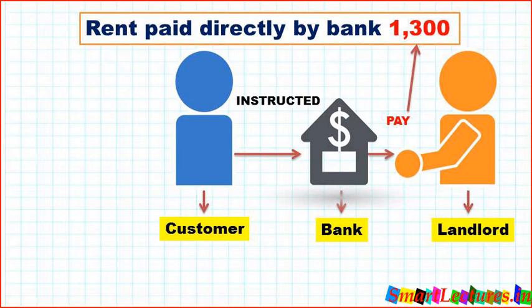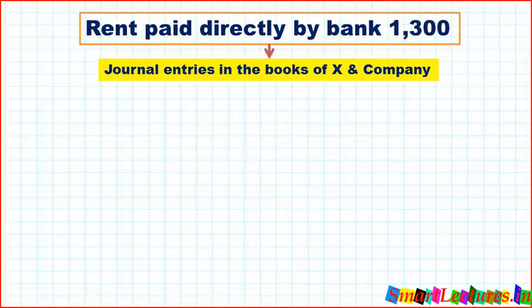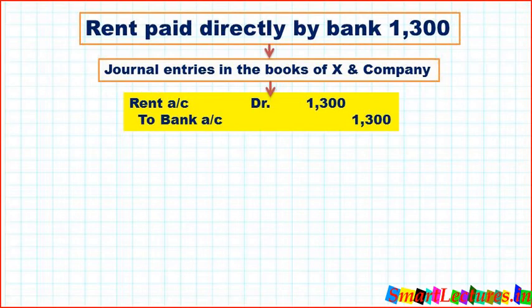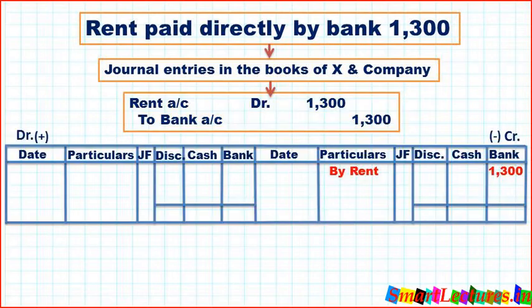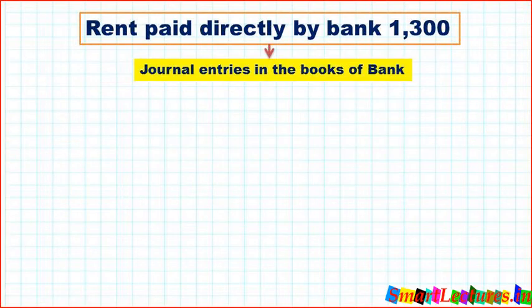So how will the journal entry be made in the books of X and Company, means firm? That will be rent account debit to bank 1300, and in the cash book on minus side or credit side they will write down by rent 1300 in the bank column.